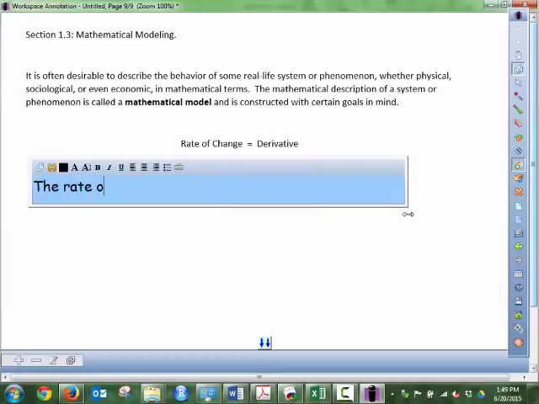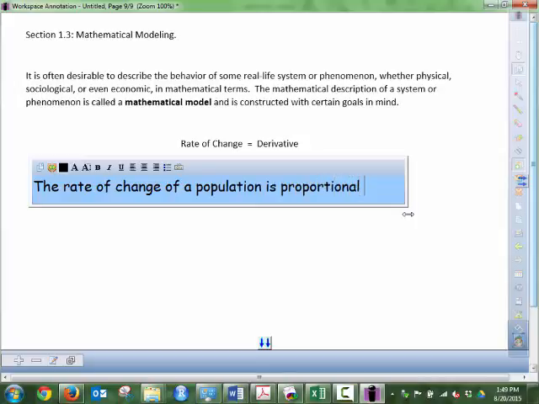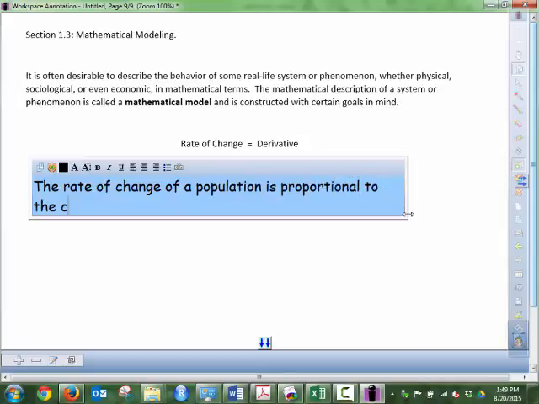The rate of change of a population, I'll just say population, is proportional to the current population.